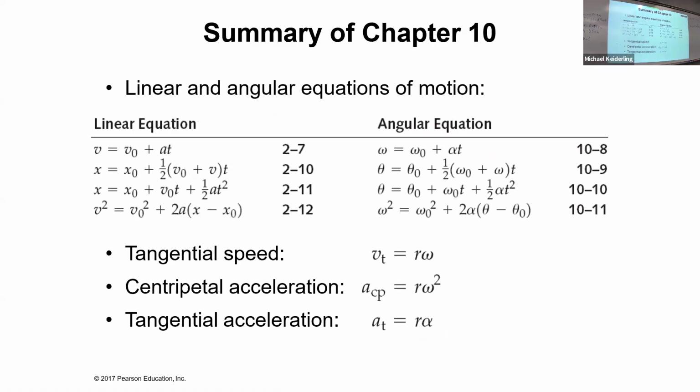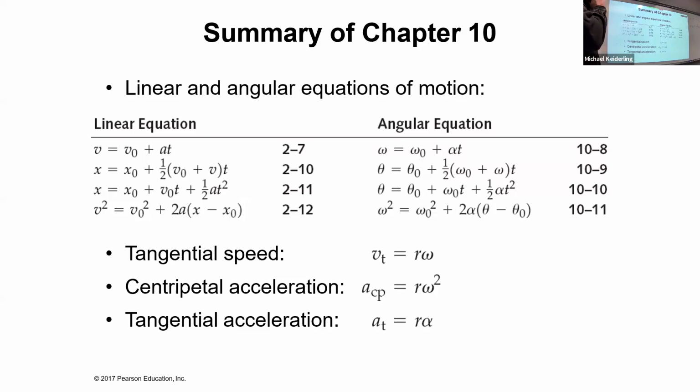Here are the equivalent linear and angular equations of motion where you just make substitutions. v equals v naught plus at, omega equals omega naught plus alpha t. x equals x naught plus v naught t plus 1/2 at squared, theta equals theta naught plus omega naught t plus 1/2 alpha t squared, and so on.